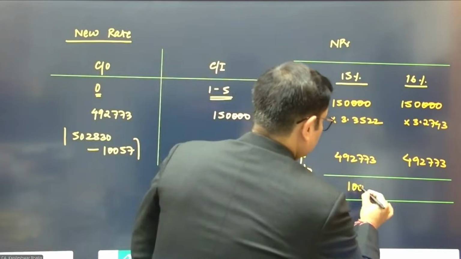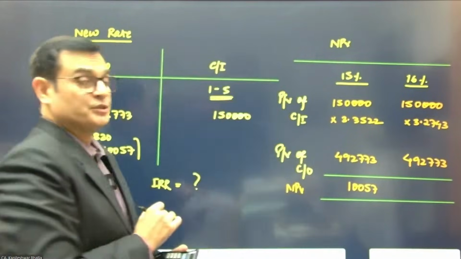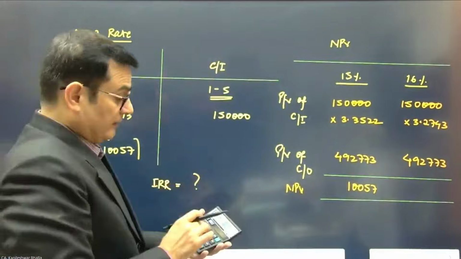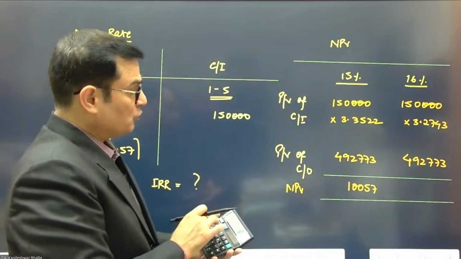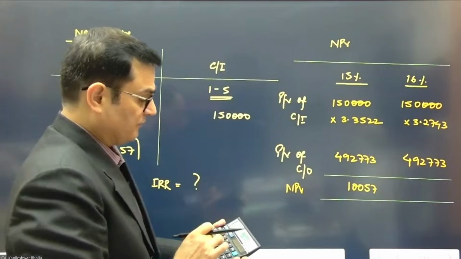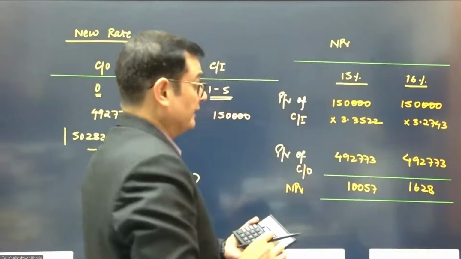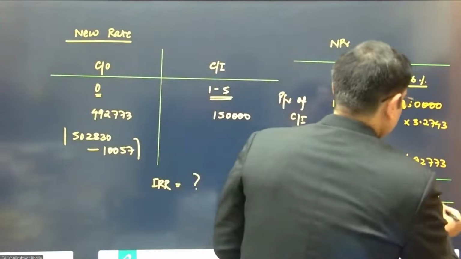And as I already said, this is going to be the NPV at 15% for sure. And this is going to be 3.2743 into 1,50,000 minus 492,773. This is coming positive 1628. Sorry, negative. This is coming negative 1628.